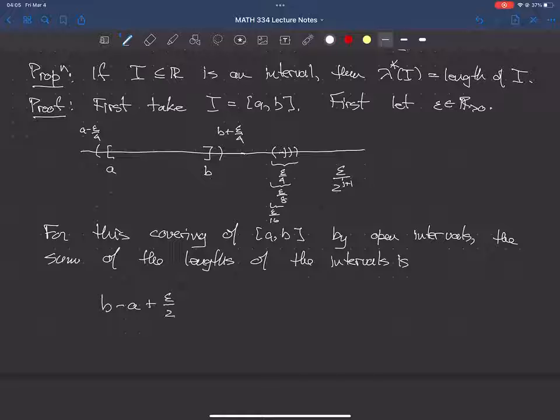All right. And then it's going to be the sum from j equals 1 to infinity of epsilon over 2 to the j plus 1. Okay, and this sum is epsilon over 2. So I've configured the length of those intervals.